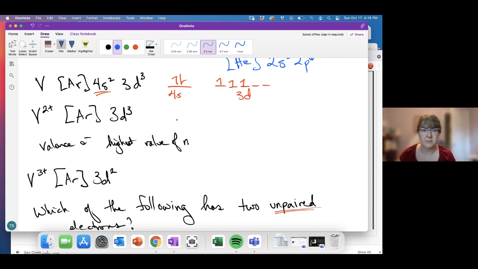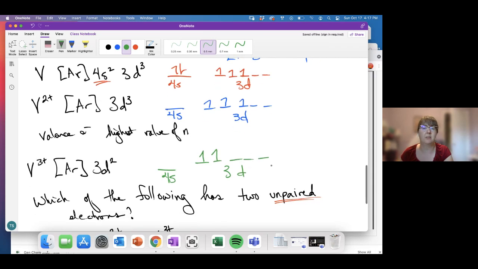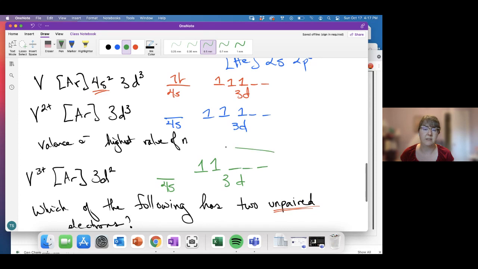In 2+, my 4s is empty, so there aren't any unpaired electrons there either. And then my 3d3 again, I have 3 unpaired electrons. Coming down to vanadium 3+, my 4s is again empty. I have a 3d subshell now with 2 electrons in it. So my 2 unpaired electrons winds up being my vanadium 3+.